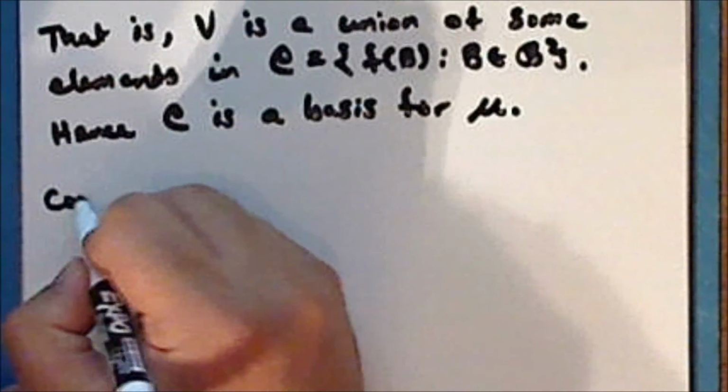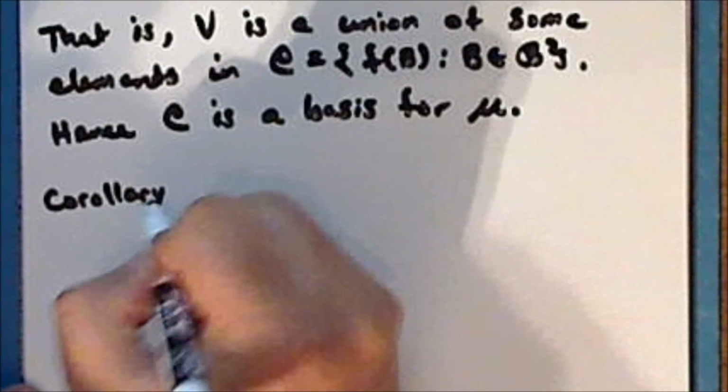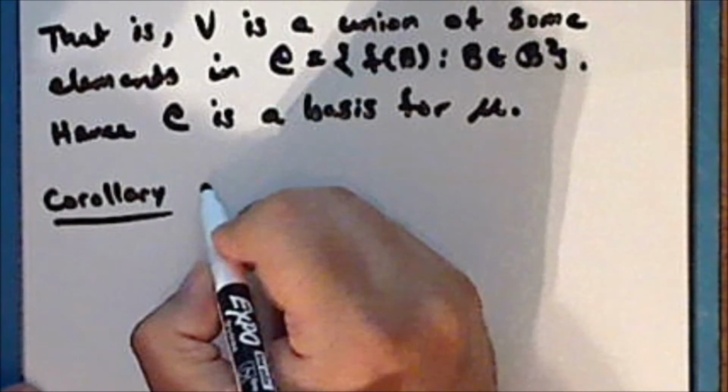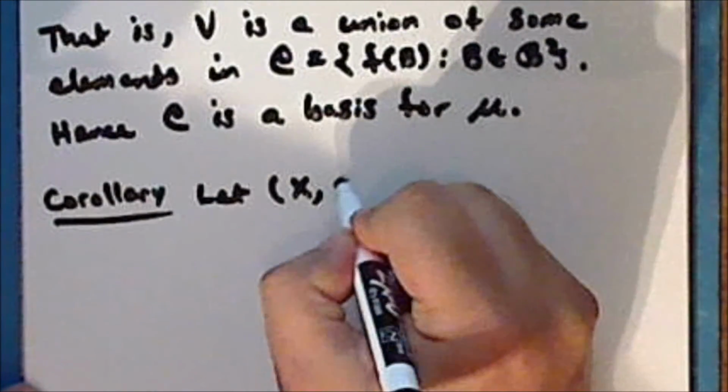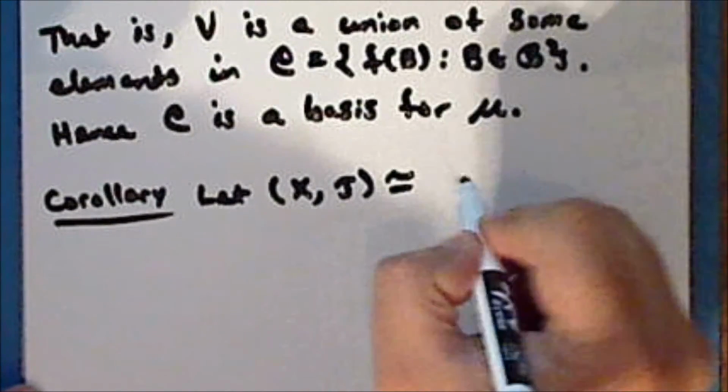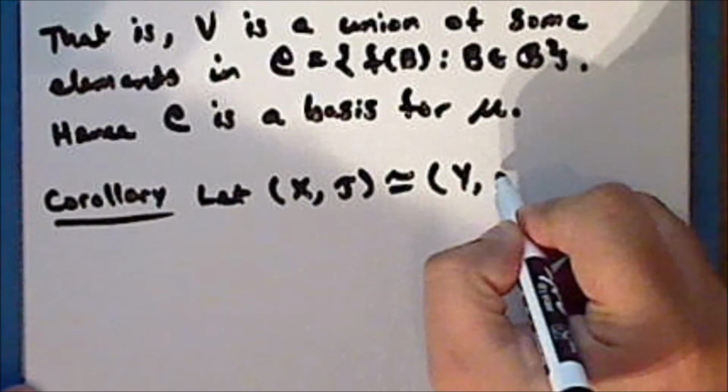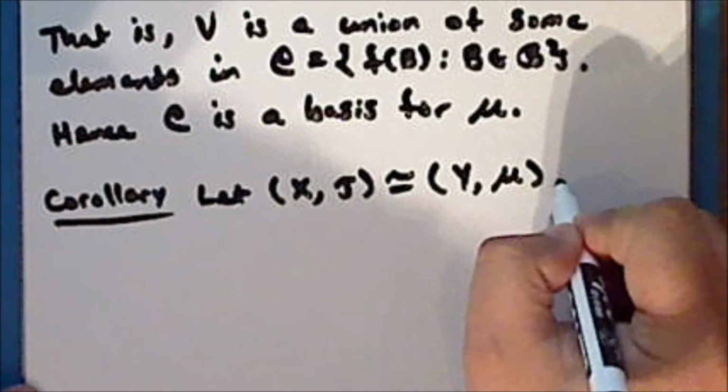So as a corollary, once again, let the space X with the topology tau be homeomorphic to the space Y with the topology mu.